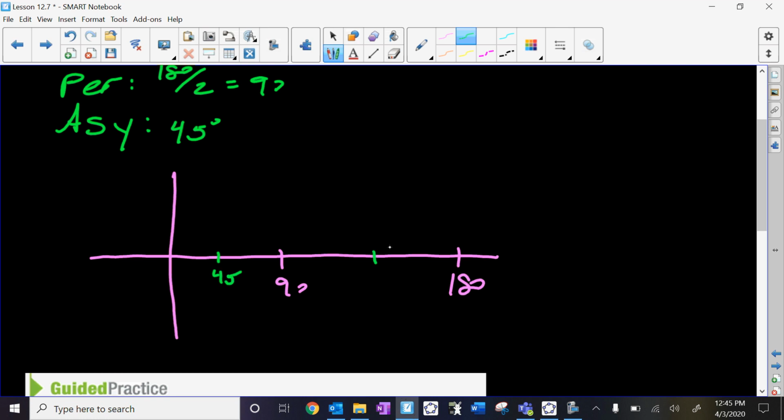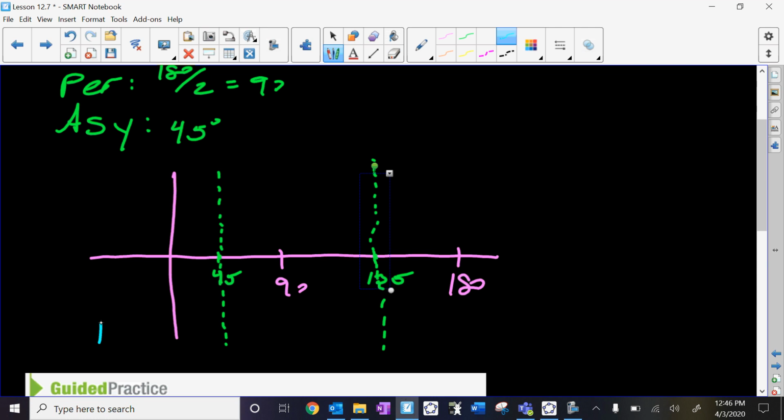And then to find our next location, we're going to take 45 plus 90, add on a period, we would get 135. If I draw in the asymptotes, remember these are locations that we cannot cross. It's going to look something like this. I know that there would be another asymptote over here. I'm not going to worry about that for now.